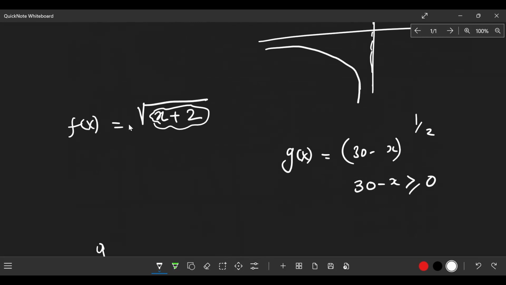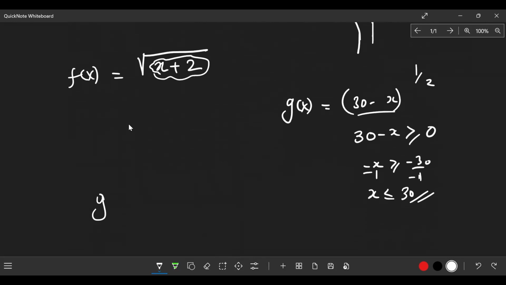Remember that when you find the square root, we are only interested in the positive values. So if you solve for x here, you're going to have negative x greater than or equal to negative 30, and dividing by a negative, the sign has to change, so x is less than or equal to 30. So starting from 30 and going in the negative direction, it's going to accept, because every time we put a value less than 30, this value will be positive.